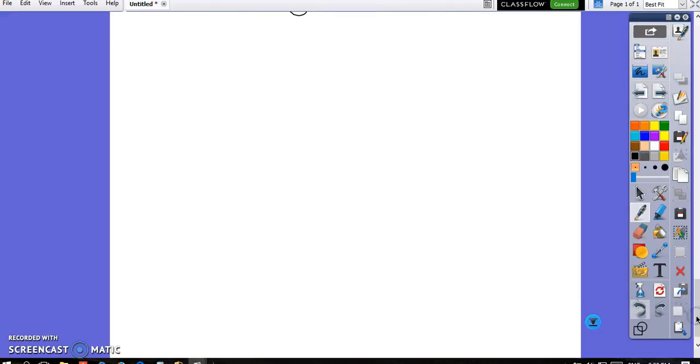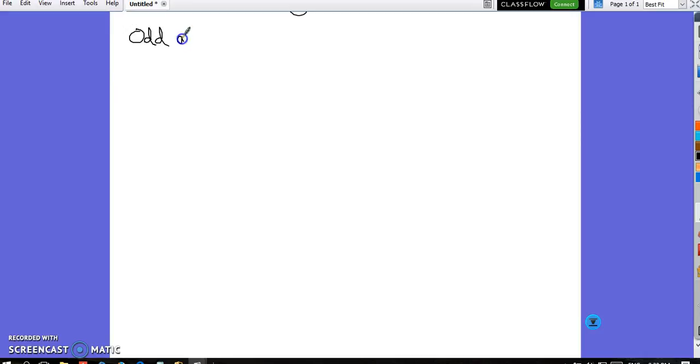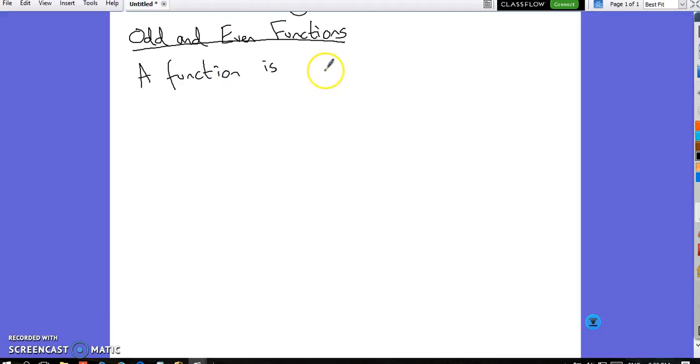In the last couple of minutes, I just want to give you a quick definition of odd and even functions. And this is very much related to what we've been doing in the video so far. So a function is even if f of minus x is equal to f of x for all x.